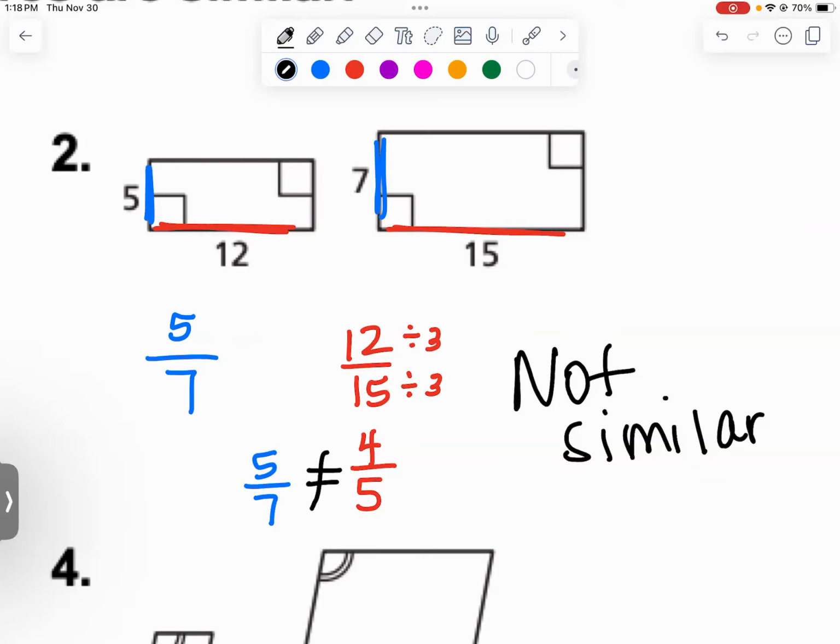So that's why we have to check if we're proportional. If we were to take one and stretch or shrink it, we should be able to get to the same size. But if they're not proportional, we won't be able to do that. Do you understand what I'm saying, Cash? Okay.